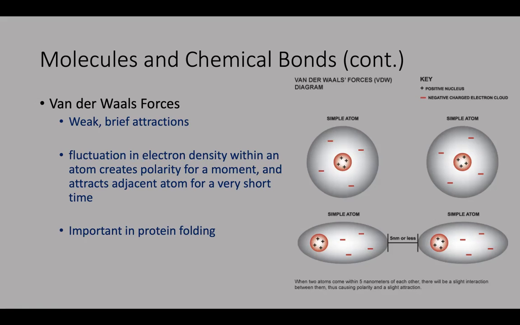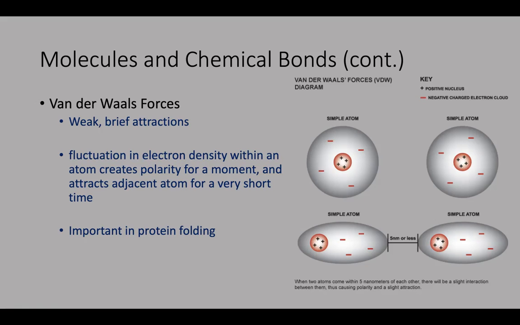And sometimes they'll all be on, say, the right side of the nucleus, or they might all be on the left side. They're constantly moving around. So if all of the electrons in this atom are kind of off to the right at one point in their movements, that atom will be attracted to the positive end of another atom.